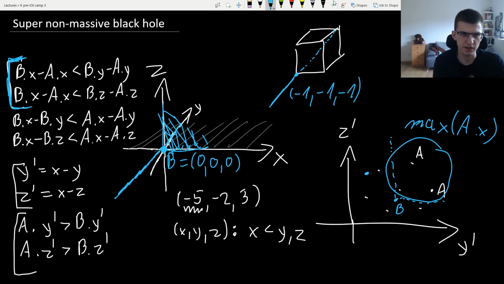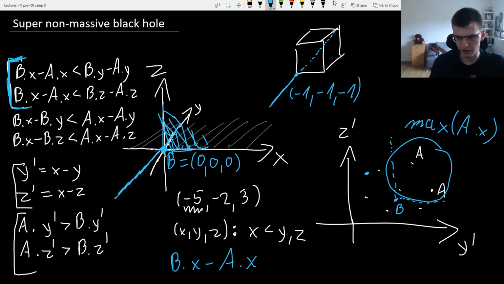We did something to be able to easily find points A that satisfy our two inequalities, and among those we want the best one. The best one is the one with biggest x, because we found points such that the distance by which we need to shift those points from A is equal to b dot x minus a dot x, because for them coordinate x was the worst one out of 3.